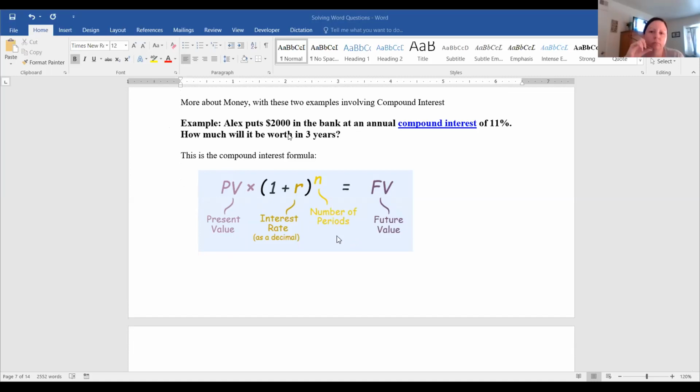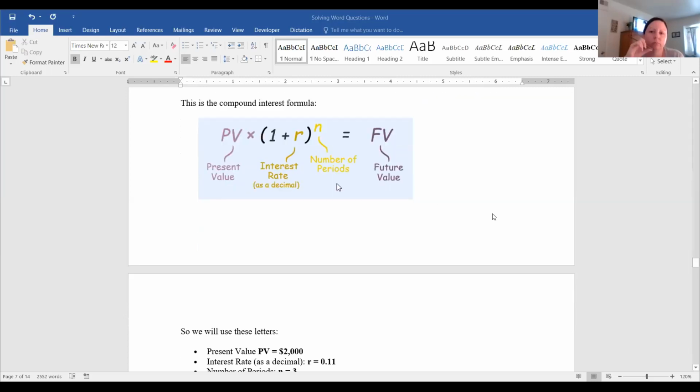We start with $2,000, with an interest rate of 11%. So the formula is present value times 1 plus the interest rate as a decimal, 0.11, raised to the nth power, the number of periods, which gives us the future value.